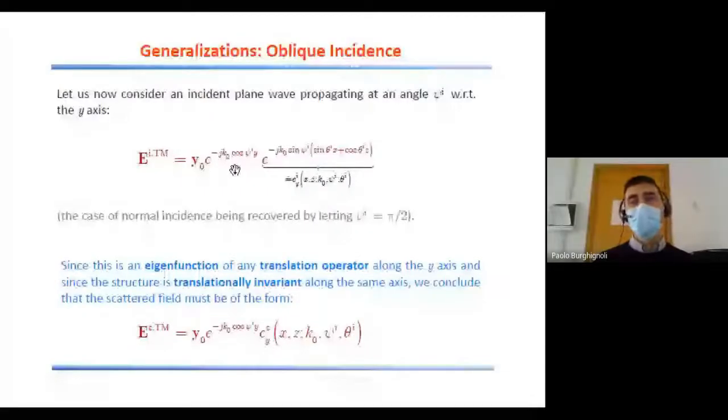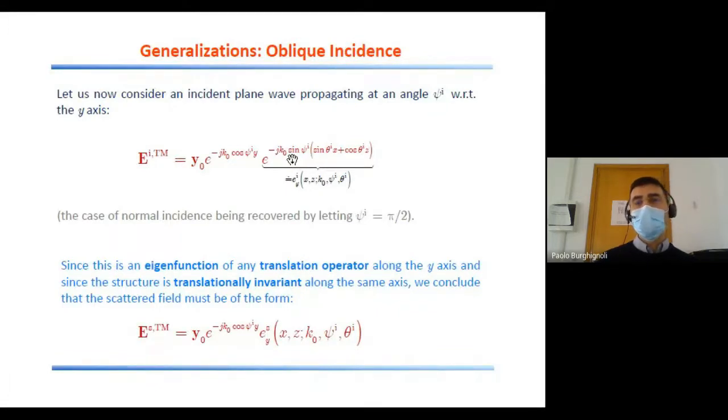So now we have a y-dependence of the incident field expressed by, again, an exponential, of course, since we have a plane wave, in which you can see here you have k0 times the cosine of this angle psi incident, and therefore you recover the normal incidence case by letting this angle psi incident equal pi over 2. So in that case, you would have no dependence on y. The remaining part of the exponential contains the sine function.